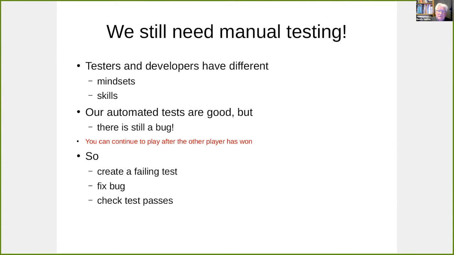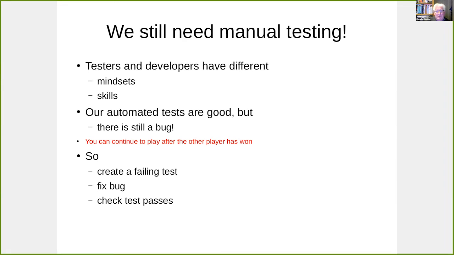But although automated tests are great, you still sometimes need manual testing. If you're doing this professionally, one motivation for that is that developers tend to focus on getting an application to work, whereas testers tend to focus on how to get the application to fail, because it's their job to sort out remaining bugs.